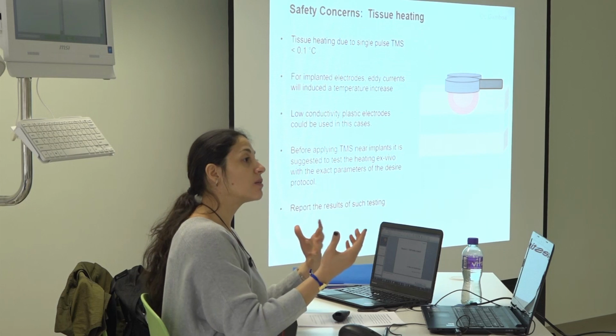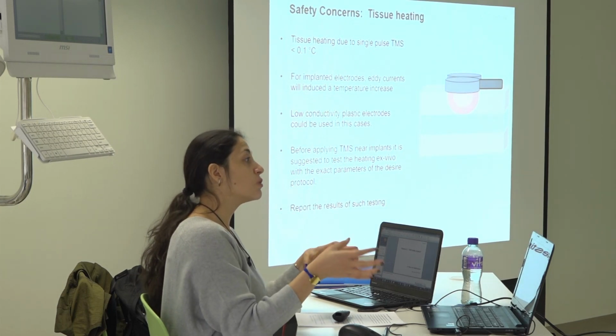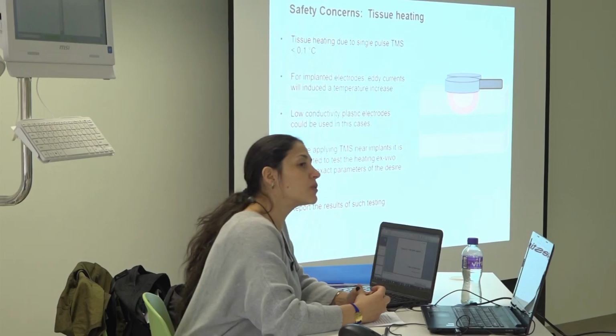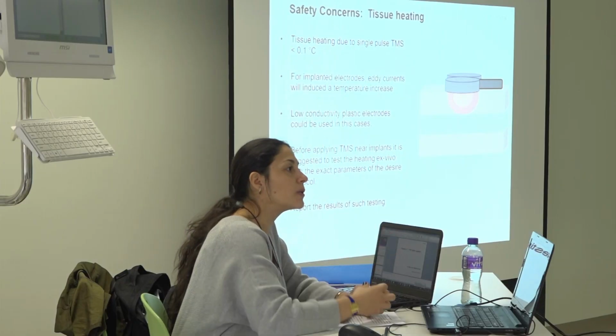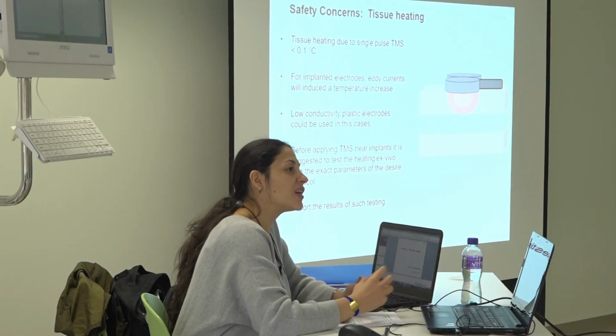Before doing any testing with people who have implanted electrodes, the good thing is to test ex vivo. So you do some testing outside just to check that things go right. You need to measure. Actually, it's quite interesting: in the department where I am now, there is a group that designs coils. I talk to the people when they are doing the tests.